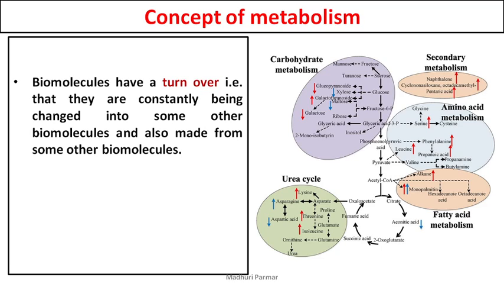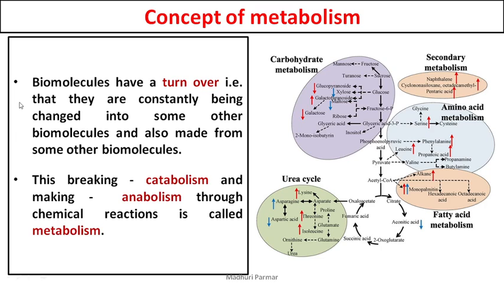So it is always under turnover. They are constantly being changed into other biomolecules, or they are also being made from other biomolecules. Think of starch: from starch you are breaking it down and releasing glucose. So this way biomolecules are always getting converted into something else, and so they have a turnover.